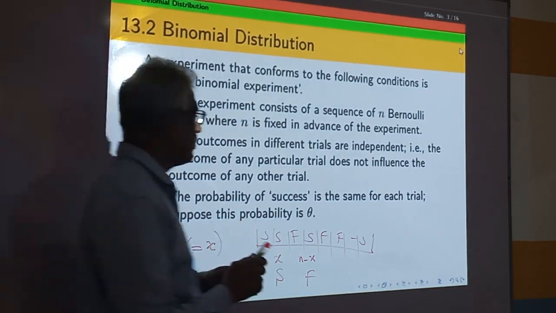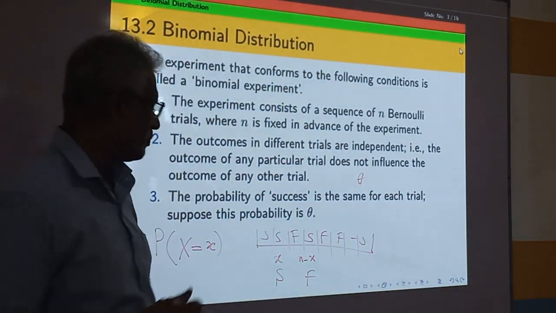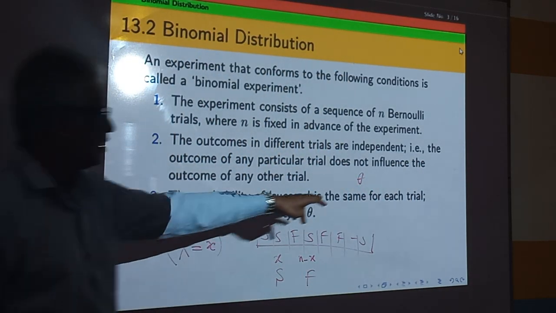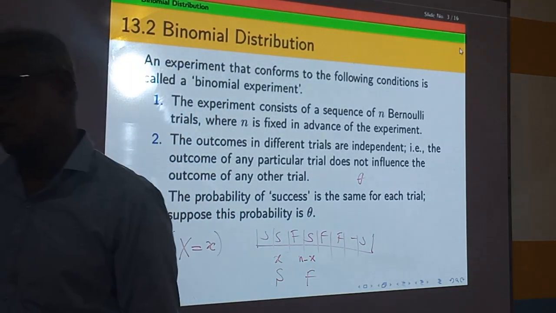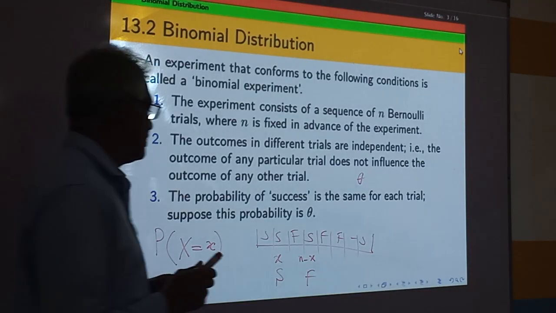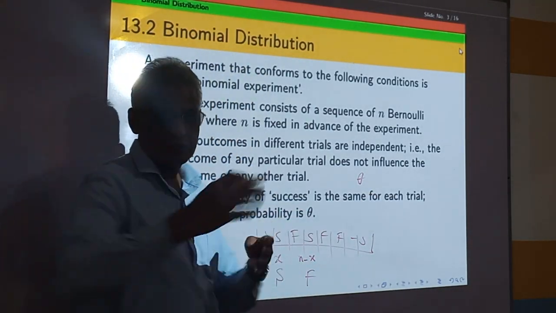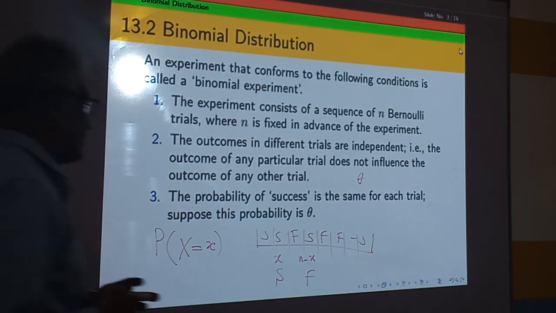Let us denote the probability of a success by the Greek letter theta. I could use p, but because I use p for probability, I will use theta. If the probability of a success in any trial is theta, then the probability of failure is 1 minus theta. Therefore the probability of this happening is theta to the power x, times 1 minus theta to the power n minus x.